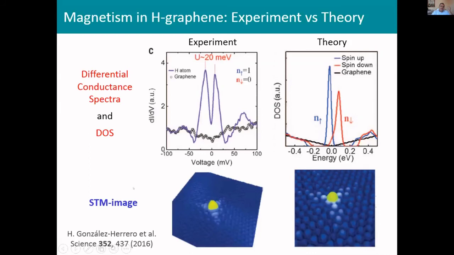And using the STM technique, in particular the differential conductance spectra, they determined the density of states at the impurity site, and here it is compared with the theory in the same paper. This was published in Science, and the agreement was almost perfect.